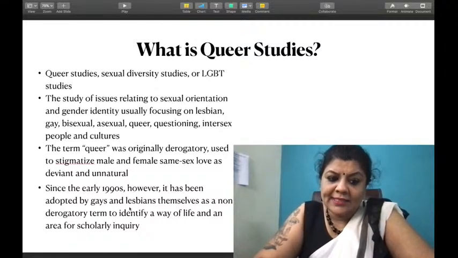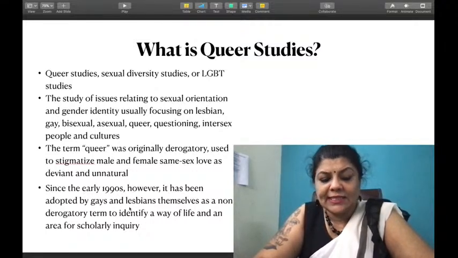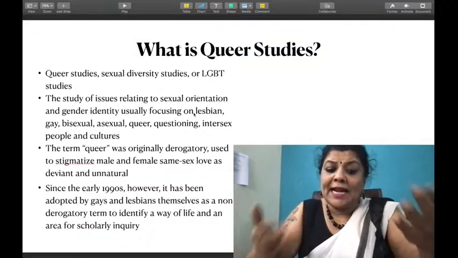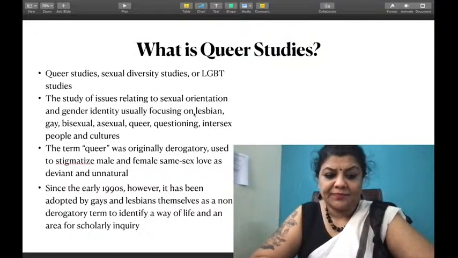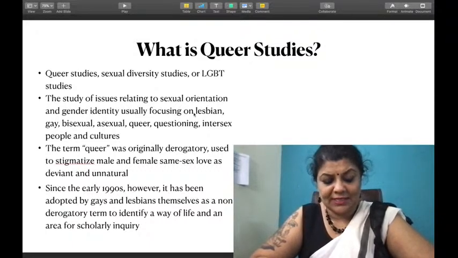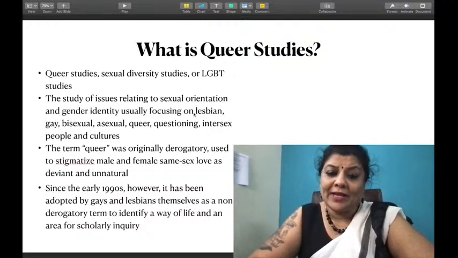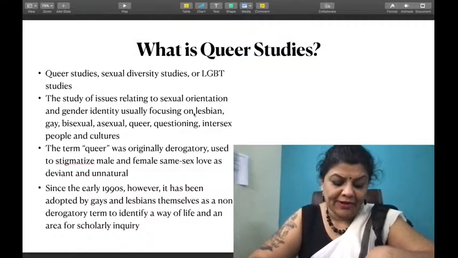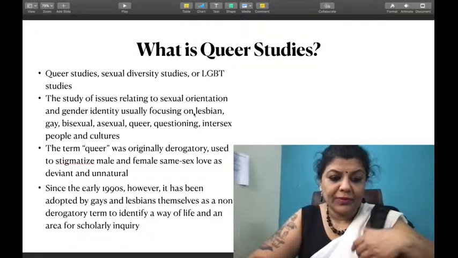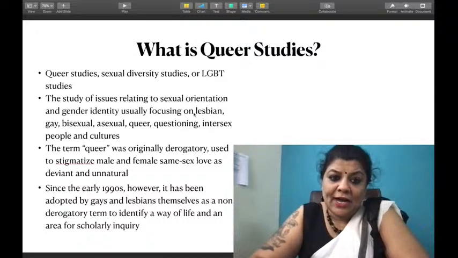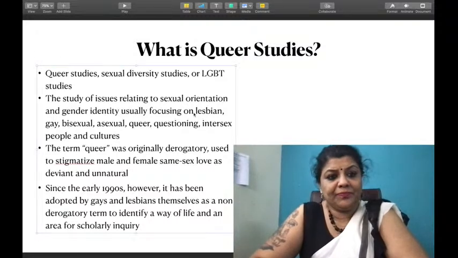But today, since the early 1990s, the term queer has been adopted by lesbians and gay people themselves as a non-derogatory term to identify a way of life. Queer is a way of life, and queer is also an area for scholarly inquiry. So queer is now a very positive term.